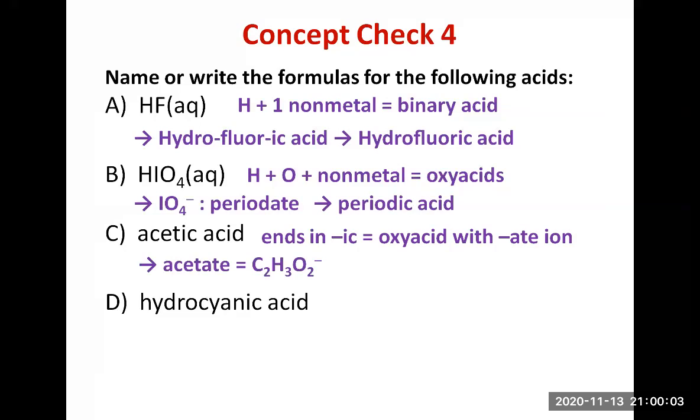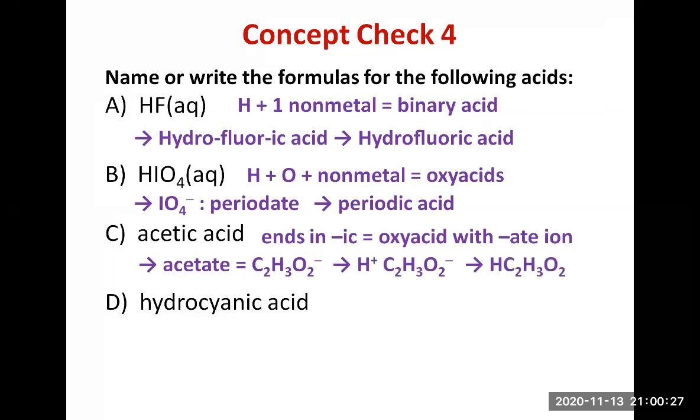If you look at your list of polyatomic ions, that's the oxyanion, and we need to add the H plus in front. So H plus and then C2H3O2 -1. You see we have one positive charge and one negative charge, so one of each ion will make this a neutral formula.